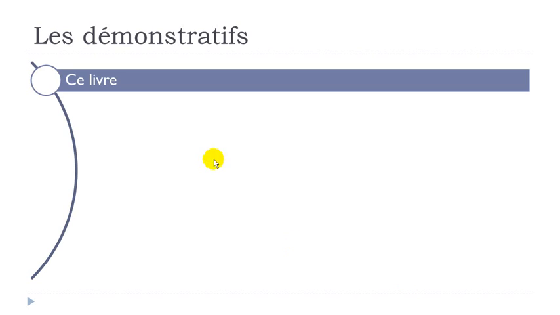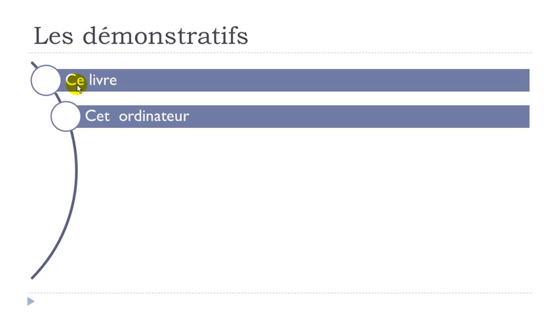One example, ce livre. So this book, okay, livre is book. Here, livre is masculine, so you will have to use the ce, okay, and then it doesn't start with the sound of a vowel, so it's the basic ce. This book, ce livre. And now we've got ordinateur.